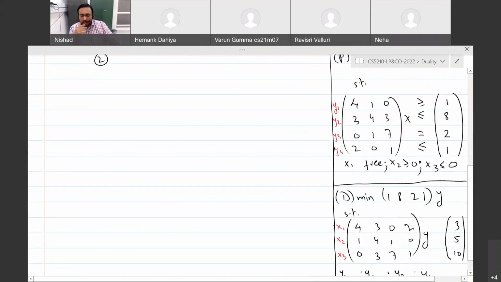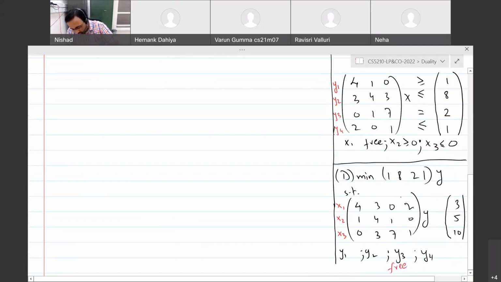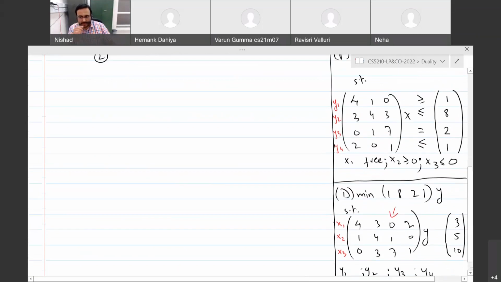And which of the constraints in the dual will become equality constraints? The dual has 3 constraints corresponding to the first row, the second row, and third row of this matrix. Can someone tell me which of those constraints will become an equality constraint?